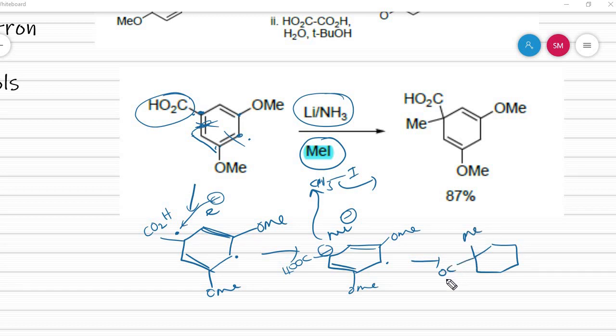This will be the acid, and this is the methoxide. This radical is again reduced and takes up a proton, and the methyl iodide is used for only one equivalent. If you use excess, here also a methyl is going to form, resulting in the reduction product.